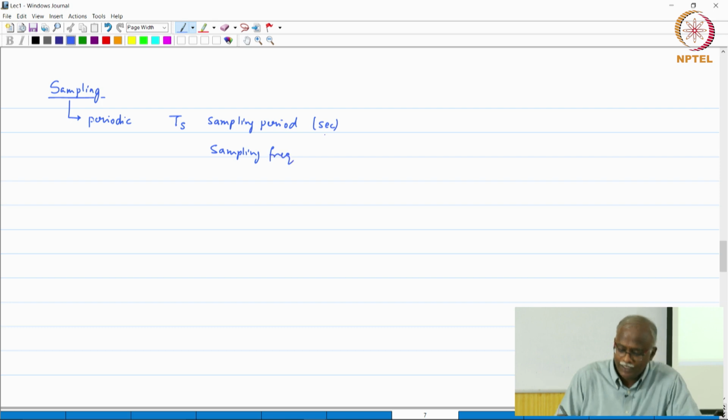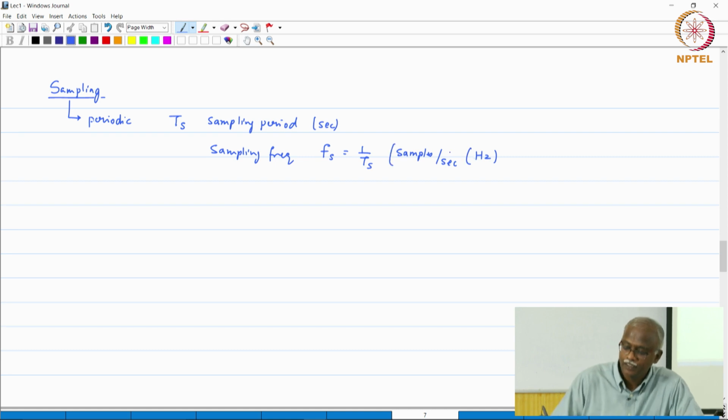we can indicate it in radians per second or in terms of samples per second. So Fs is the reciprocal of Ts. This is in samples per second, sampling frequency, or it is also indicated in hertz. And of course we have omega s, that is 2 pi Fs.